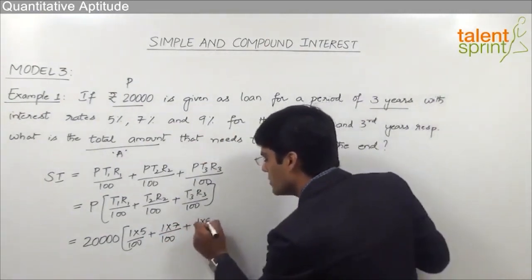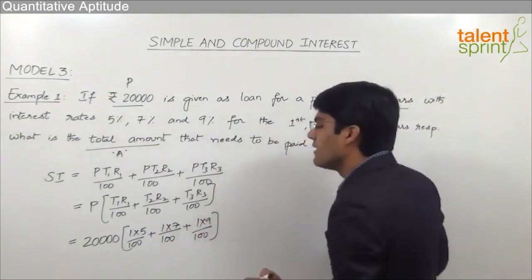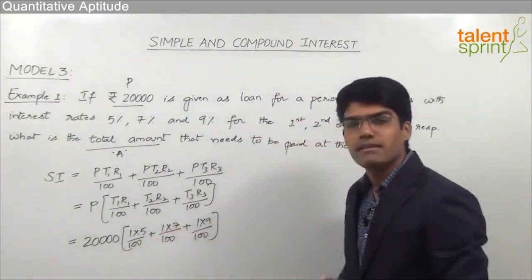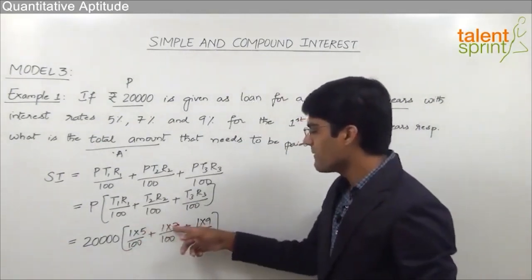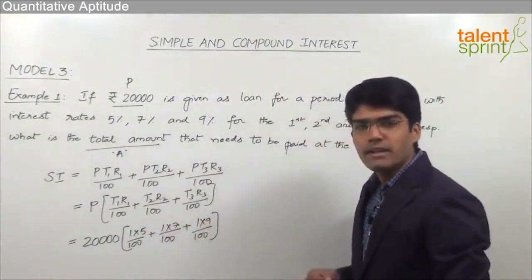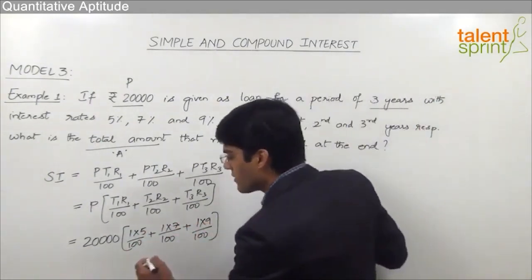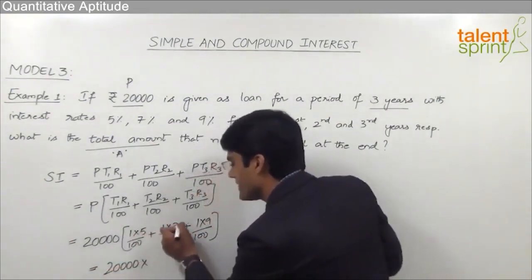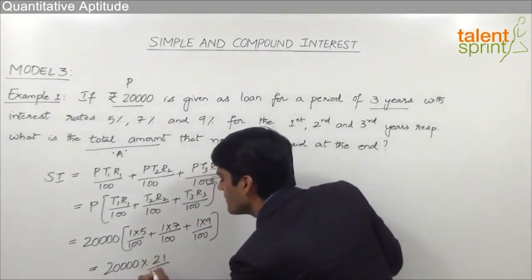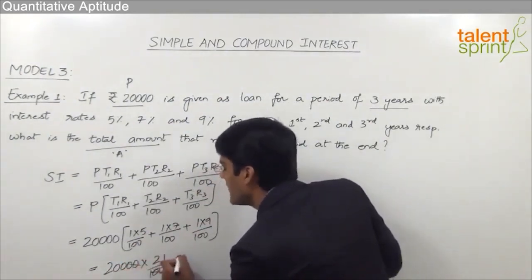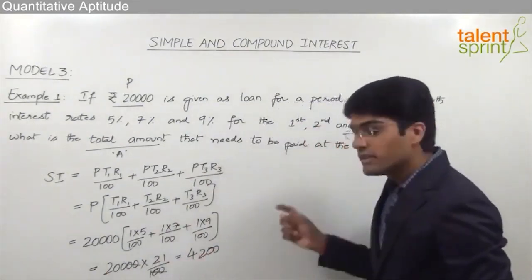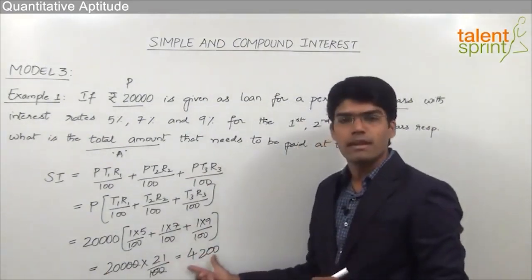So 1 into 9 by 100. So this comes out to be 5 by 100 plus 7 by 100 plus 9 by 100. That is nothing but 5 plus 7, 12 plus 9, 21 by 100. So overall answer here would be 20,000 into 5 plus 7, 12 plus 9, 21 divided by 100. So by simplifying this, we get 200 into 21, which is 4,200 rupees. So this is the total interest that needs to be paid at the end.